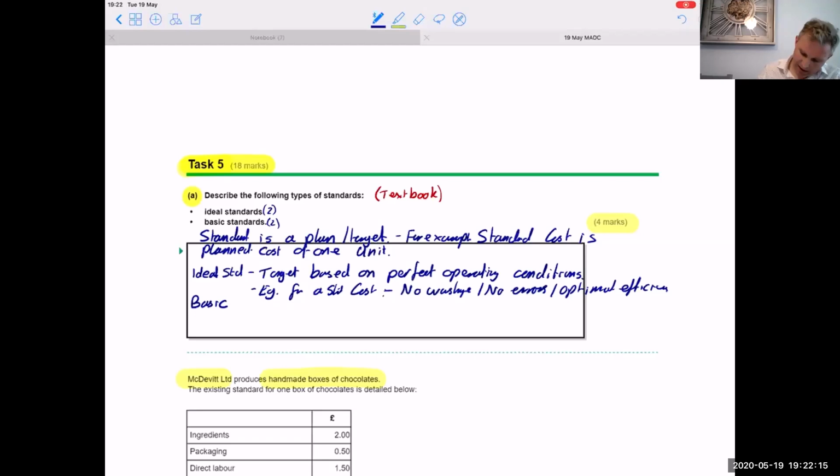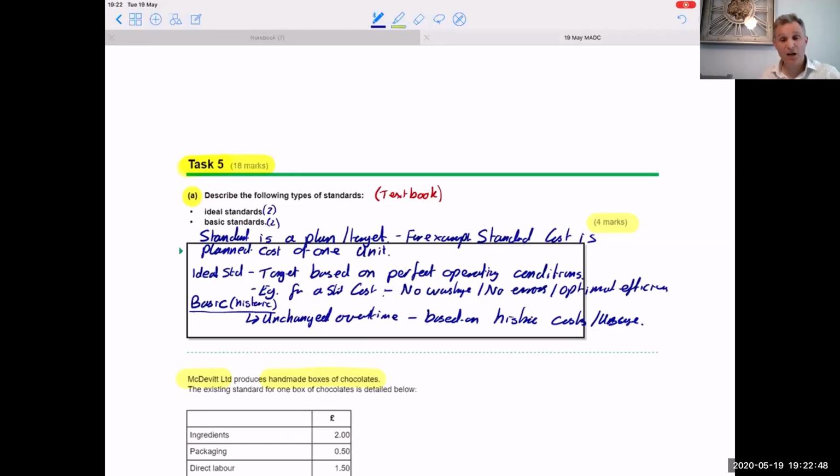Now, basic are sometimes referred to as historic standards. And these are standards that are unchanged over time. So it's based on historic costs and usage.